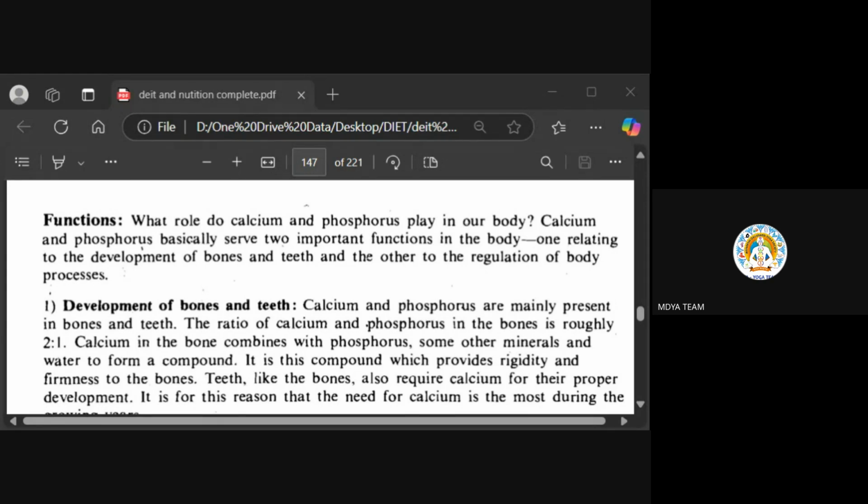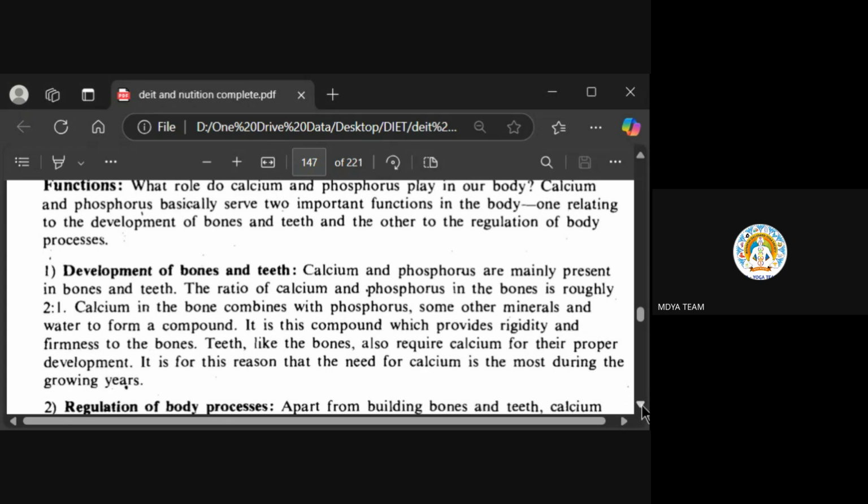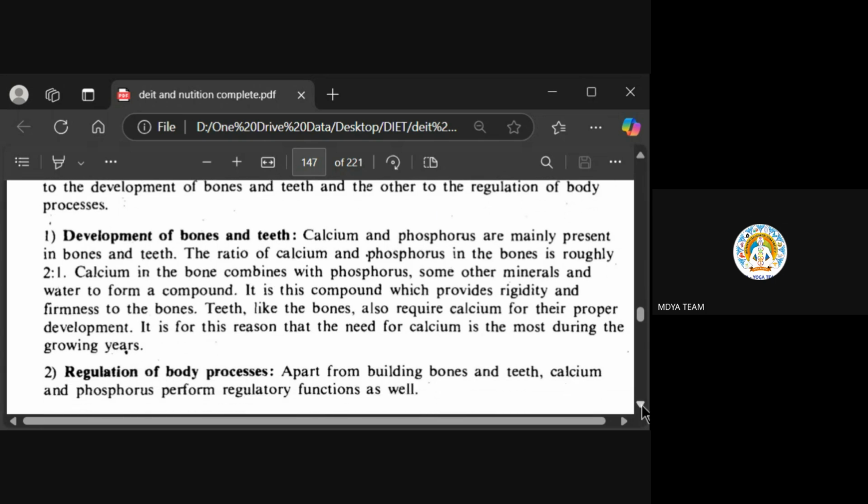So what is their function? Basically, first of all, the development of the bone and teeth. So they help in bone mineralization. Basically they make our bones rigid, and phosphorus makes them firm also, and they give strength to our bones.